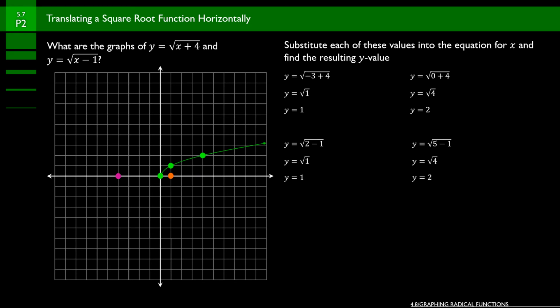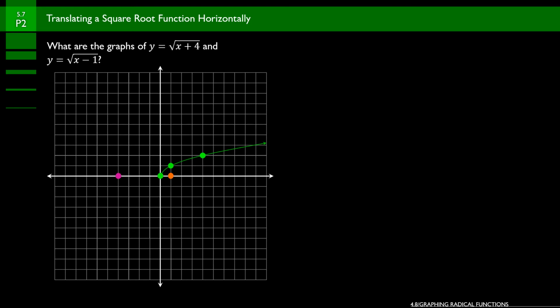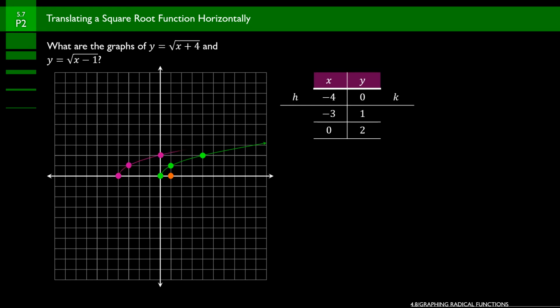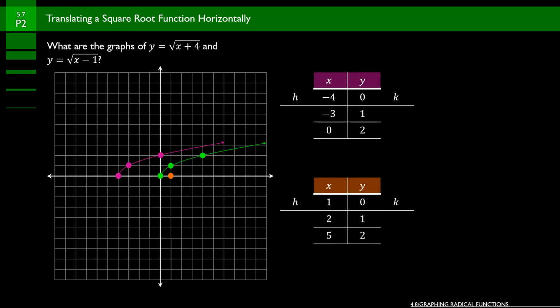When we do that, the results that we get for both equations are going to be 1 and 2. So now we're going to take all of those points that we've just created, put them into XY charts, and then graph them, and you can see the translations whenever we're dealing with a horizontal translation for a radical function.